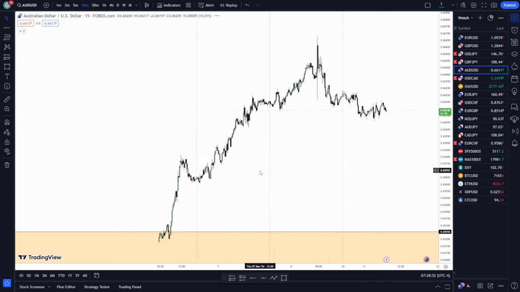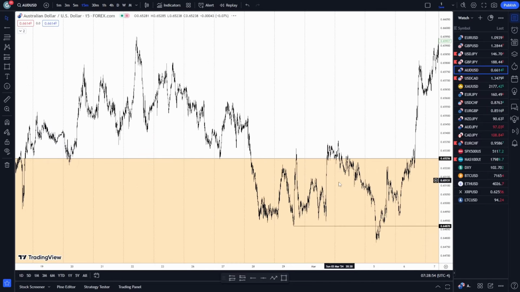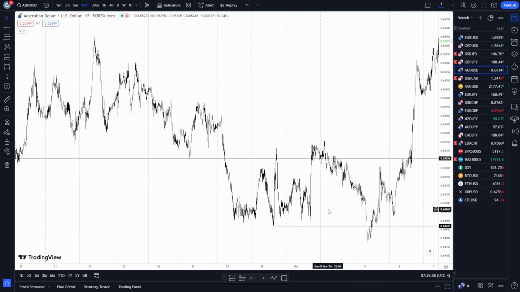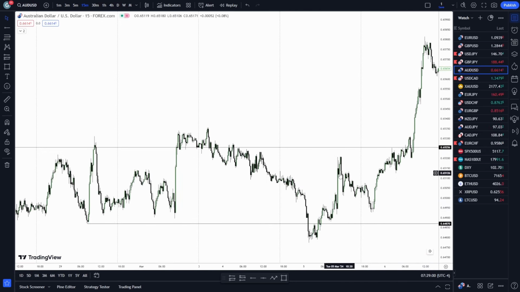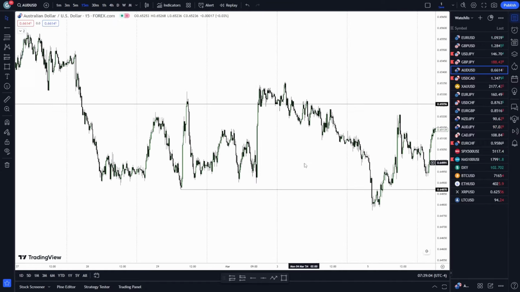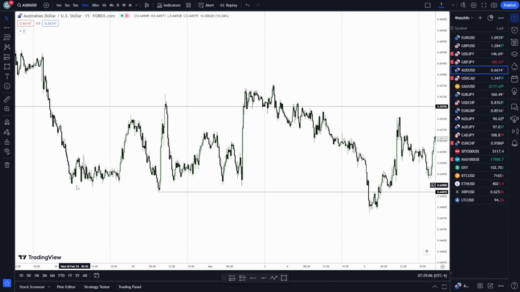on the 15-minute time frame. Now if you can see over here, I should remove this box. This is a 15-minute chart, and on this chart we can see these relative equal lows, so many lows over here. A retail trader will look at it as a demand zone.